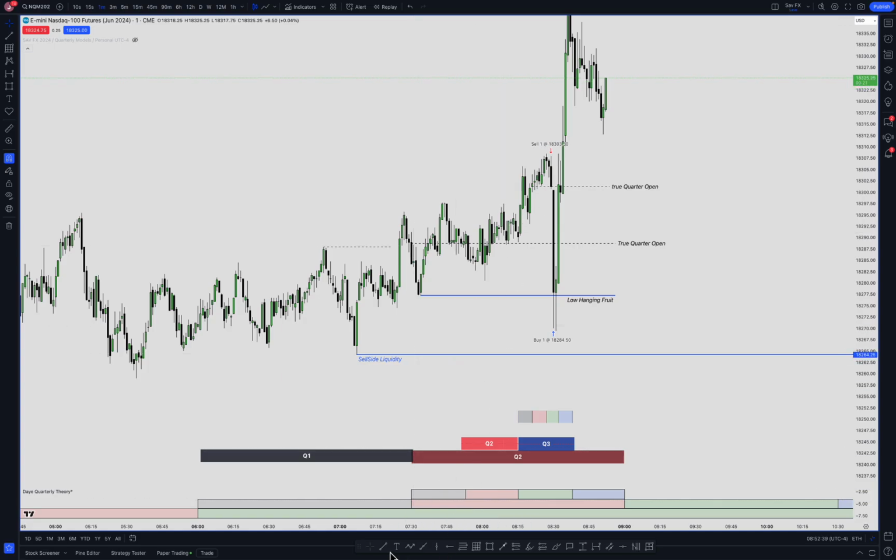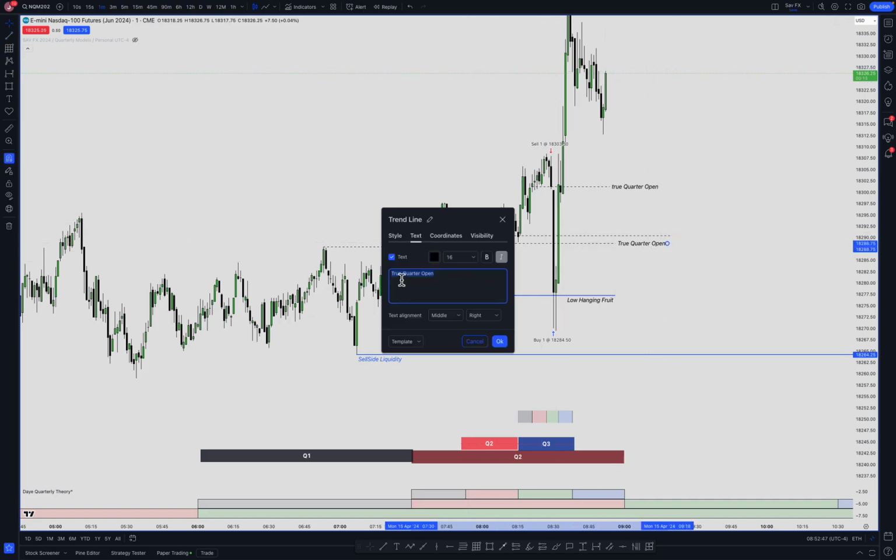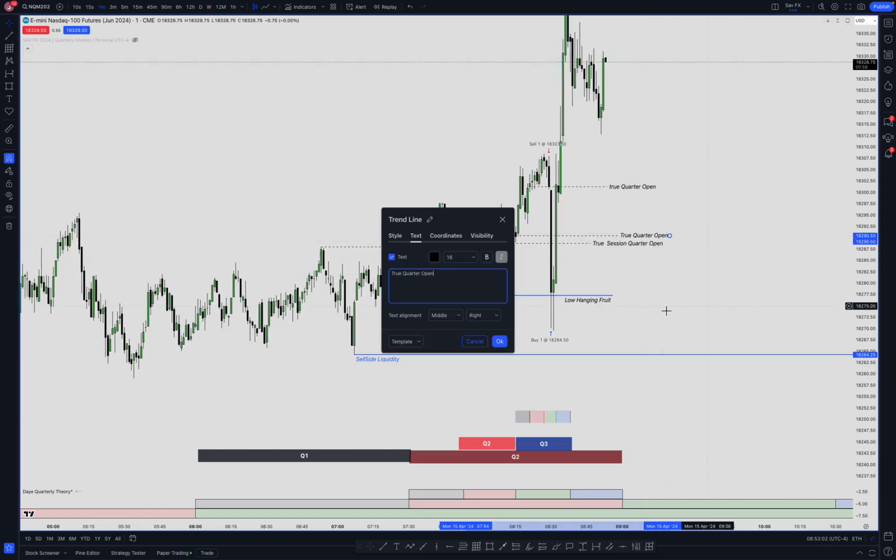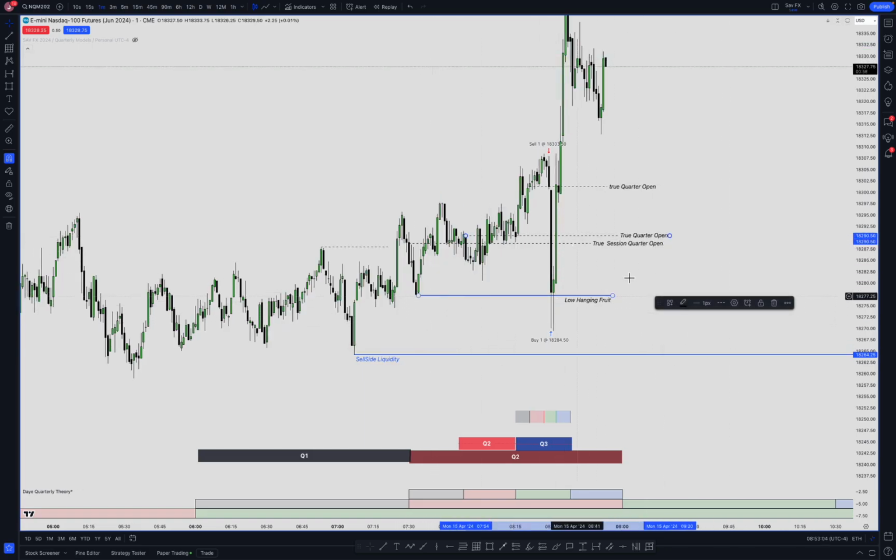Also notice that we have this right here. If I put this true session open, right? And we have the true quarter open, right?